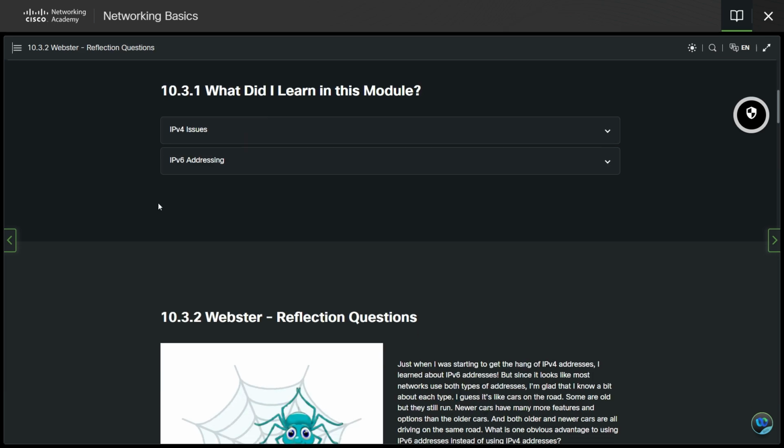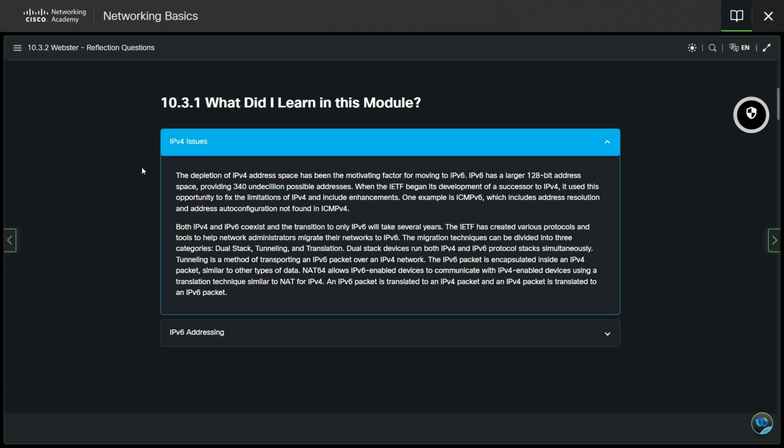The first is IPv4 issues. The depletion of IPv4 address space has been the motivating factor for moving to IPv6. IPv6 has a large 128-bit address space, providing 340 undecillion possible addresses.